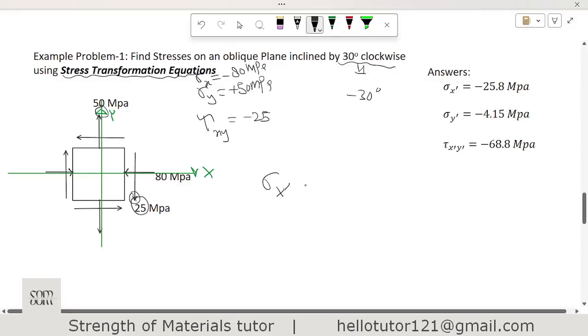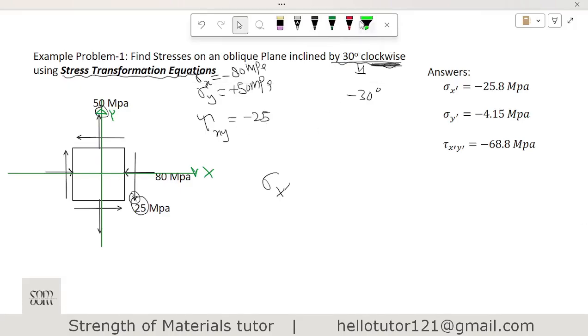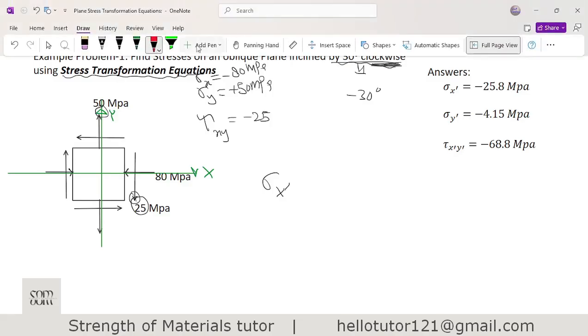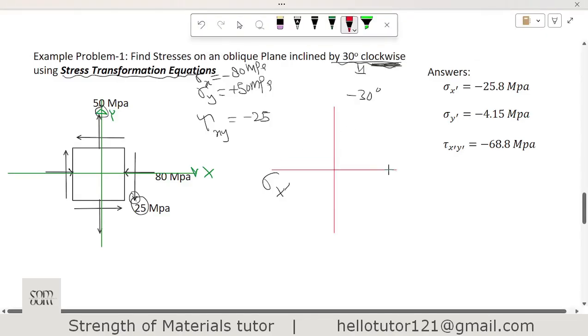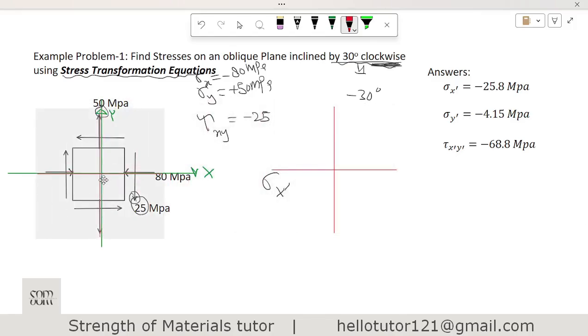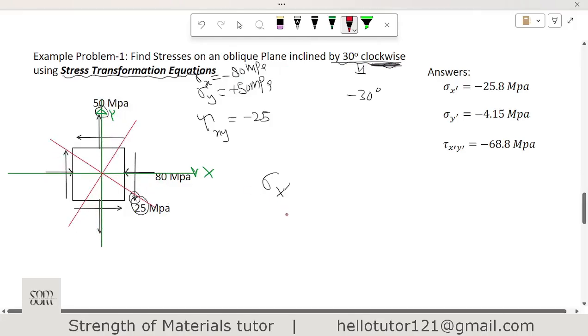What do we have to find on this? On this plane, let us say we will have some plane at 30 degrees. This diagram is not important to draw, but I am just explaining it. It says plane inclined by 30 degrees clockwise, so we will rotate by 30 degrees like this.